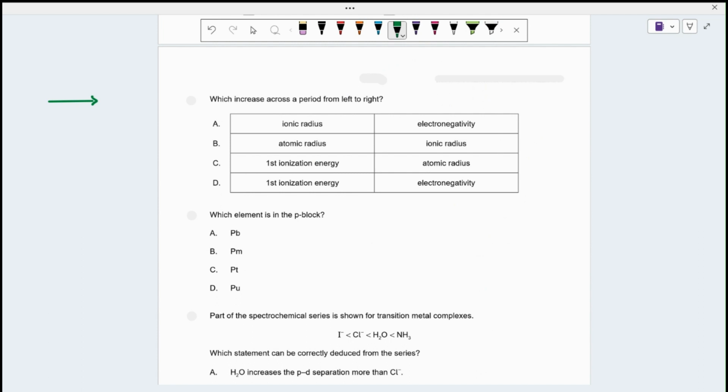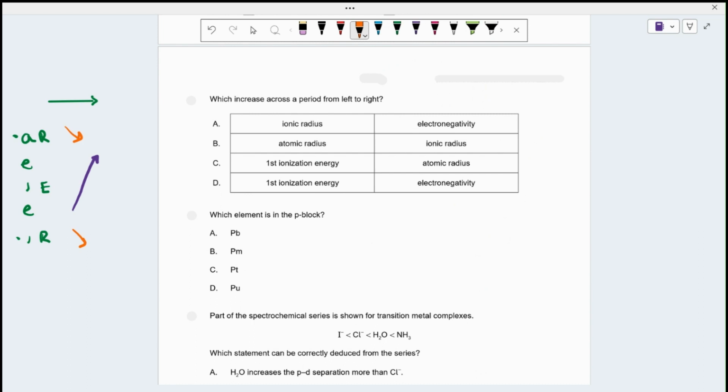So across a period, we have atomic radius, electronegativity, ionization energy, electron affinity, and ionic radius, okay? So the radii are at the top and they both go down across, whereas everything else goes up.